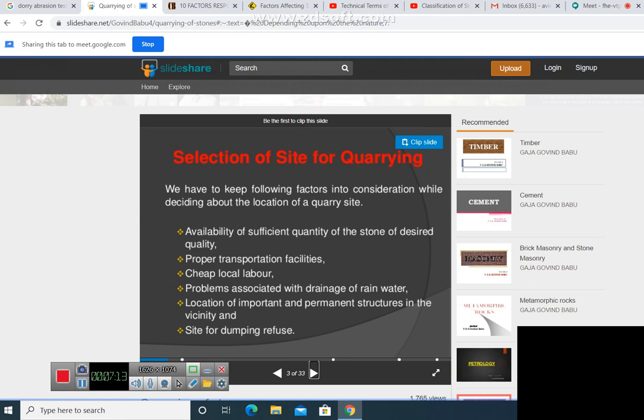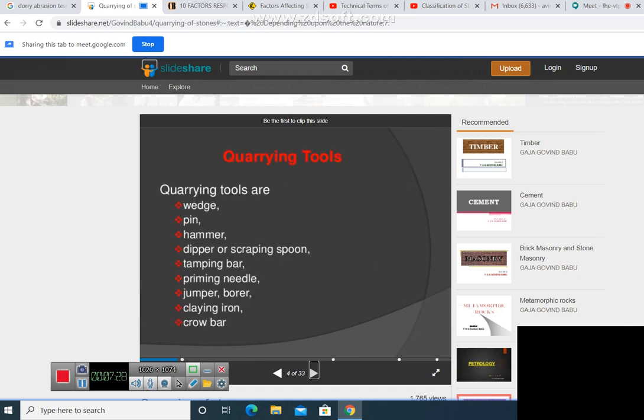So the location of the quarry should be such that you can get local labor very cheaply. There should not be any problems associated with drainage of rainwater. Then there should be a good site for dumping the refuse. So these are the certain points which we have to check whenever we are going to select a quarry site.